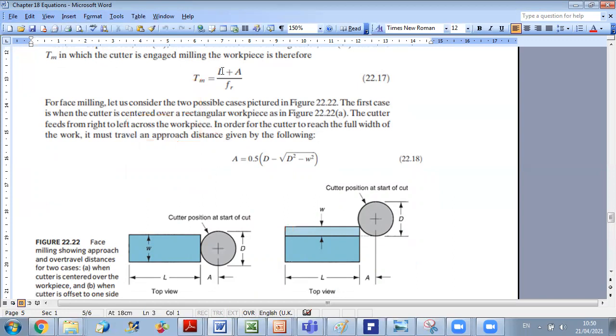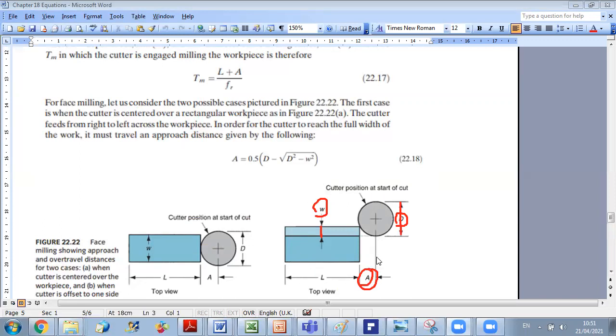So here, if you know the value of the width, W, and you know the value of your diameter, D, and you want to determine what will be the approach distance, then in this case, you will relate A to D and the depth you are cutting inside your work part. So the approach distance will be a function of this.